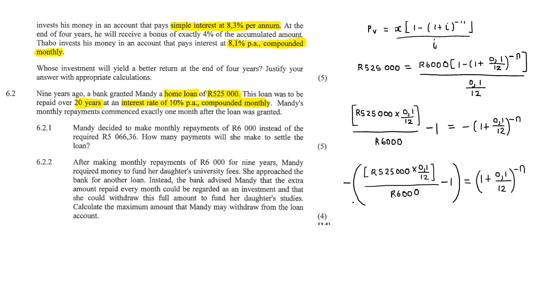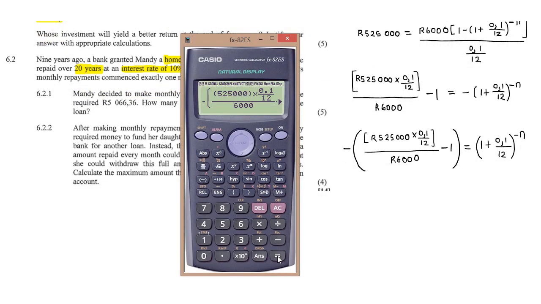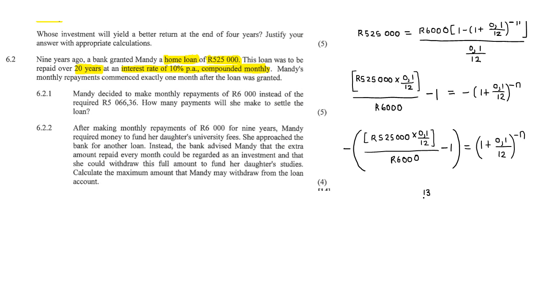Let's work out what the value on the left hand side comes out to. This works out to be 13 over 48, we'll just write it down the way it is. That's now equal to 1 plus 0.1 over 12 to the negative n.